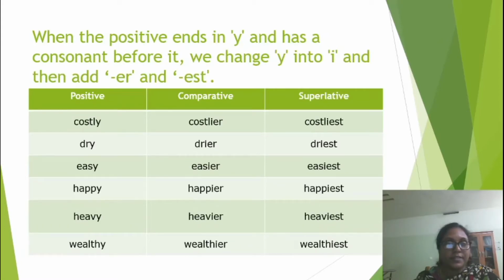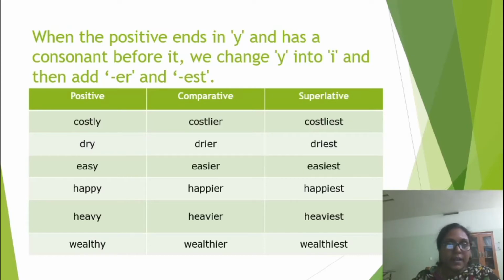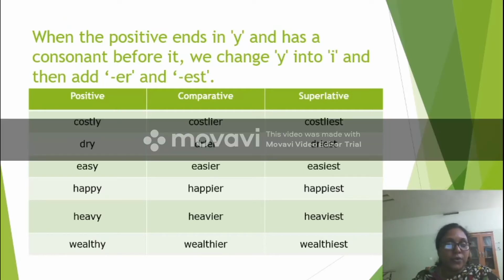Now, in certain cases, the comparative and superlative is made by deleting the final letter y. This happens when the word ends in the letter y. The y is deleted and instead ier is added in order to make comparative degree, and iest in order to make superlative degree.